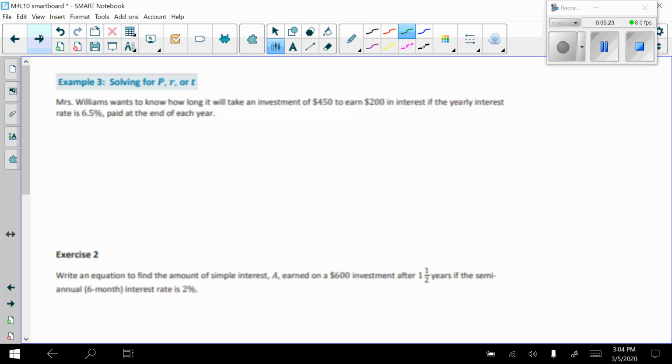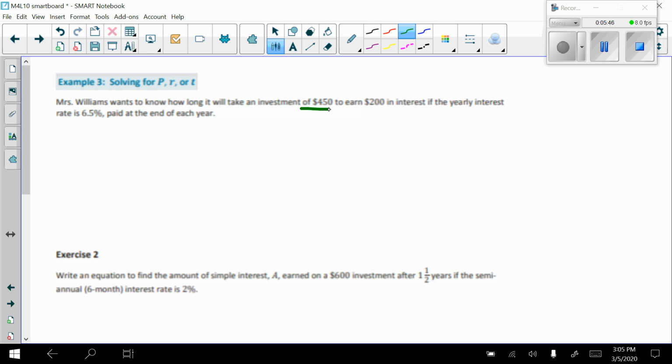Let's find example 3, solving for P, R, or T. Mrs. Williams wants to know how long it will take an investment of $450 to earn $200 in interest if the yearly interest rate is 6.5% paid at the end of each year. So let's mark this up.